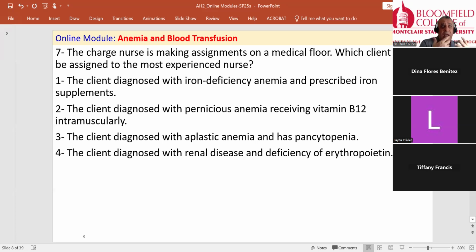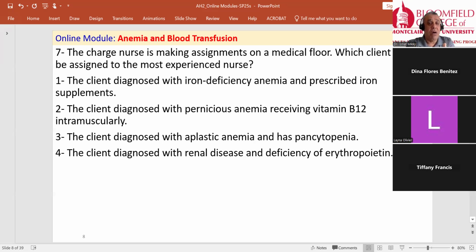When we try to understand the rationale behind answers, it has to do with the keyword from the stem. The keyword from the stem is experienced nurse, so it's expertise. Why does expertise have to do with pancytopenia? What about number one, iron deficiency anemia? Your answer should say that any nurse, graduated from any school, should be able to take care of a patient on iron supplement. It doesn't require any specialty or lengthy experience.